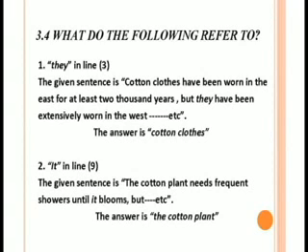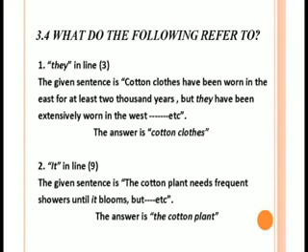What do the following refer to? In this exercise, you have to find the words to which the pronouns or the relative pronouns refer. In number 1, in line 3, you will have to find what the pronoun they refers to. To get the answer for this question, you will have to find it in the text.